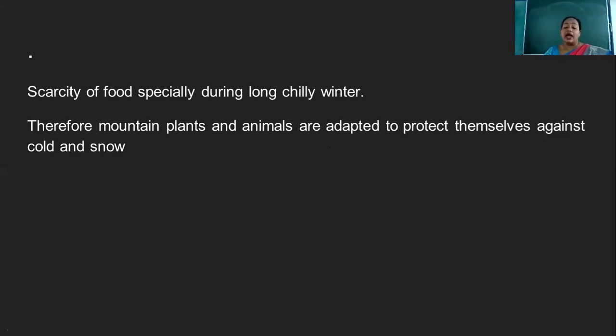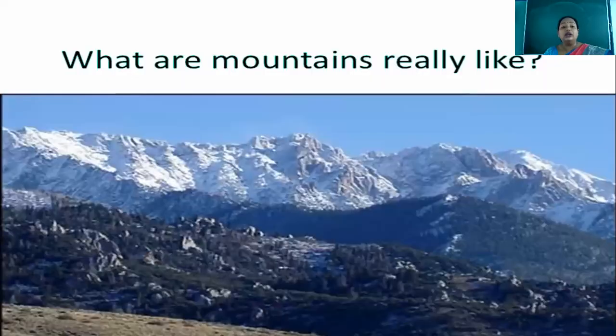Therefore, the plants and animals in these areas are adapted to protect themselves against cold and snow. They have certain special features which help them survive in their particular climate. So you see here how the mountains look.